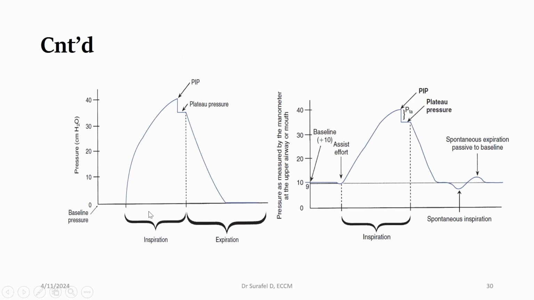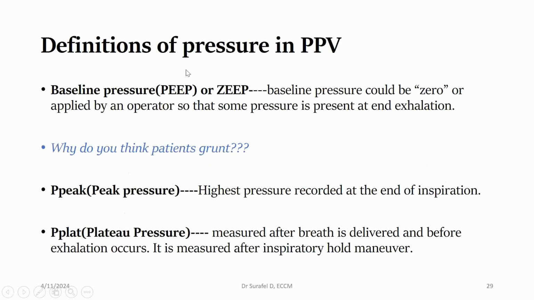If it is 0, it's called ZEEP, zero end expiratory pressure, and if it's at 5, 10, or 20, you can say it's positive end expiratory pressure. It's just to simulate the normal physiology of residual volume. At the end of maximal expiration, there is some residual volume of air in the lungs that keeps the alveoli slightly distended. If you make it 0, you are causing alveolar collapse. So you need to set it at least 4 to 5 centimeters of water. That's called the baseline pressure or PEEP.